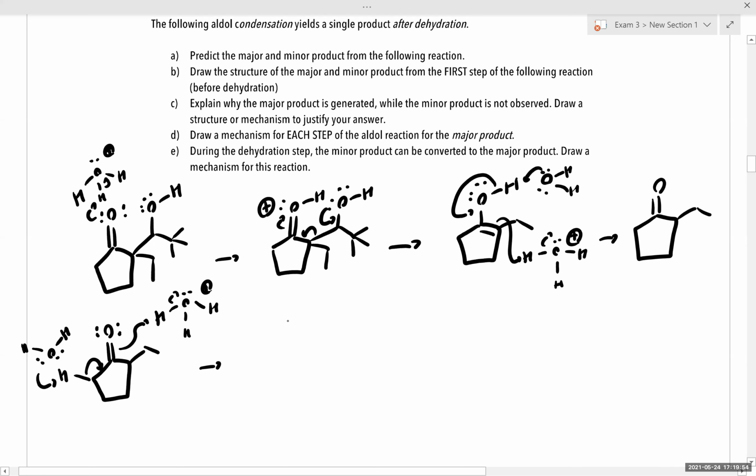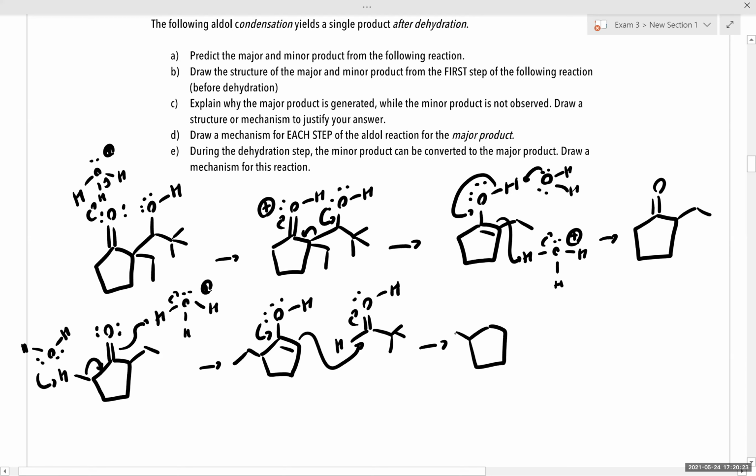So from here, let me redraw this enol tautomer just so the drawing's a little bit cleaner. There we go. Okay, so now that we have this enol tautomer, it can react with activated electrophiles, such as our protonated aldehyde, to generate aldol products. And the reason why we see funneling to the major product has to do with the fact that this very important dehydration step can actually occur for this substrate.